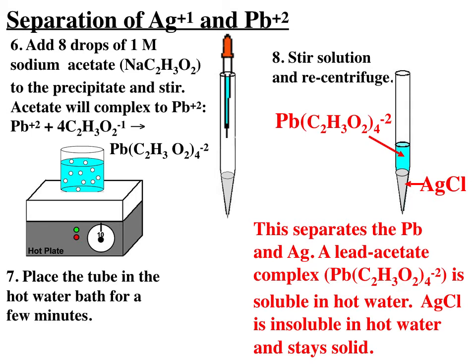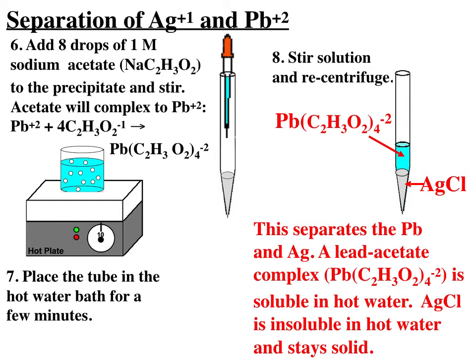So again, lead acetate cation has a relatively high solubility product in the presence of chloride anion, whereas silver chloride has a very small solubility product, and silver chloride will remain as a solid precipitate, whereas lead acetate chloride will be dissolvable in water and remain in solution.